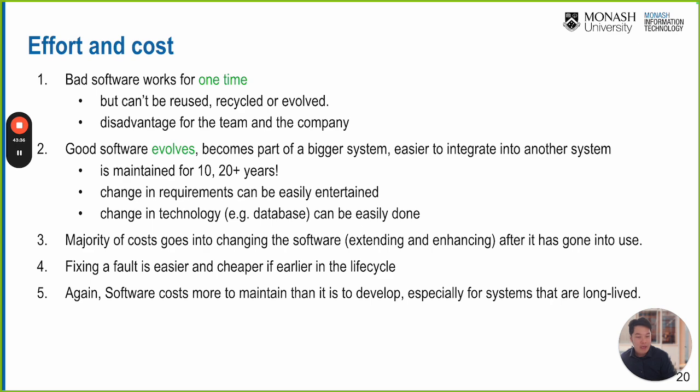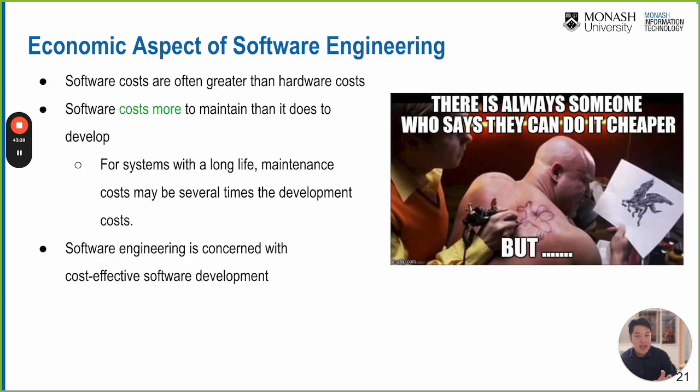That's why we consider everything as an economic aspect, because the software cost is actually greater than the hardware cost. Think about developing the software system based on the example I told you before. For software developers, it may cost $500,000. But think about the cost of the PC or the server to run the software.